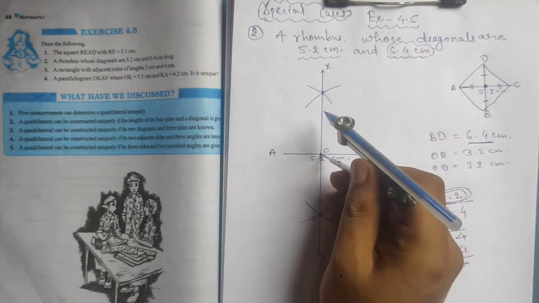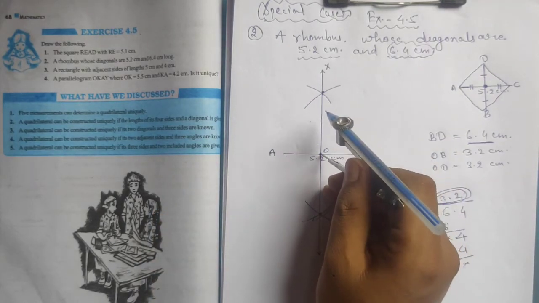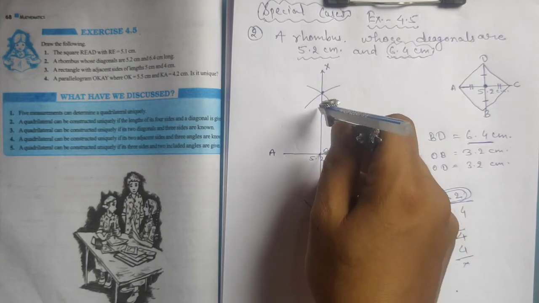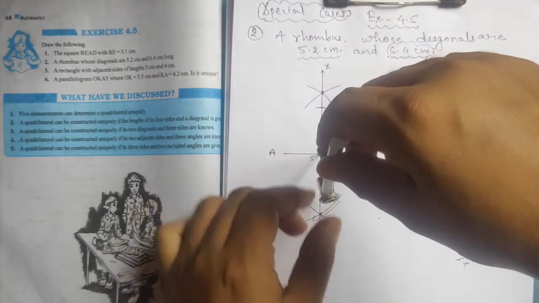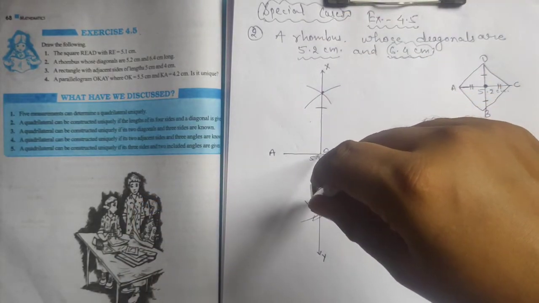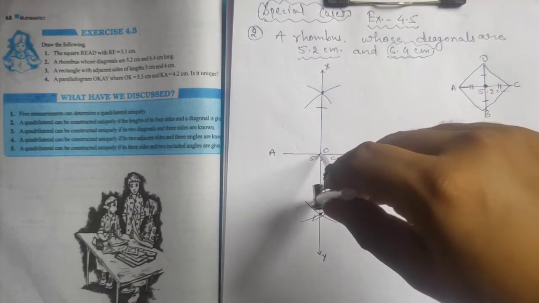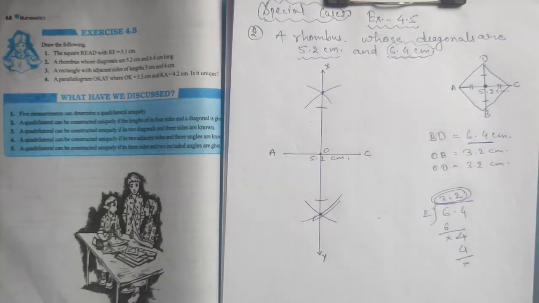Now put the compass on point O where the lines intersect each other, then make an arc upside, and with the same measurement make an arc on the downside on line XY. Now what do we get?